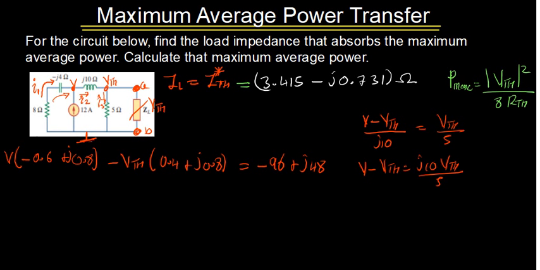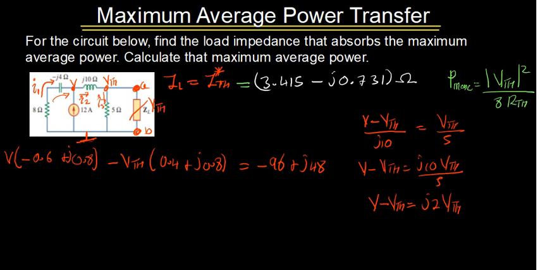You can waste your time converting this to polar and doing the division, but it's the same thing: 10j divided by 5 is still something you can work with. So I'll simply write V minus V Thevenin is equal to j2 V Thevenin there.